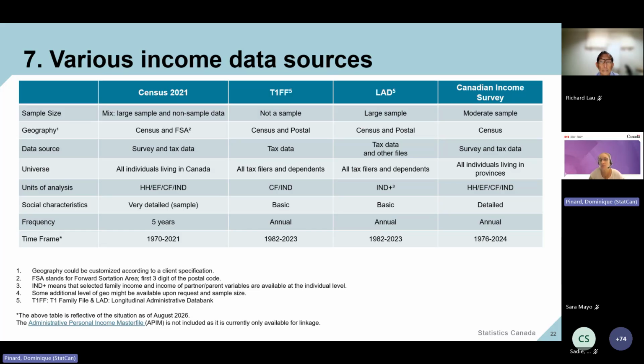Yeah, okay. So someone is asking if we can break down what type of characteristic is available from TIFF outside of age and family size and family type. We do have some indicators about disability tax credit, but when we compared it with what the CRA released, we seem to be misaligned.